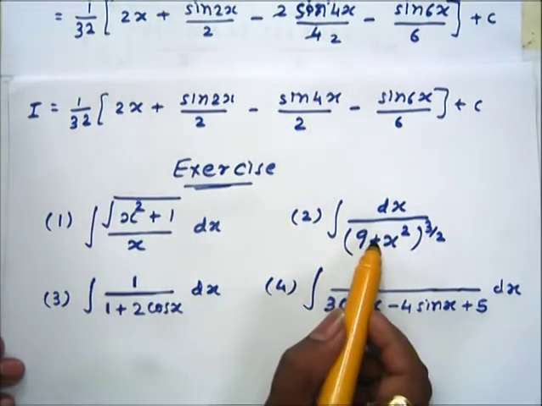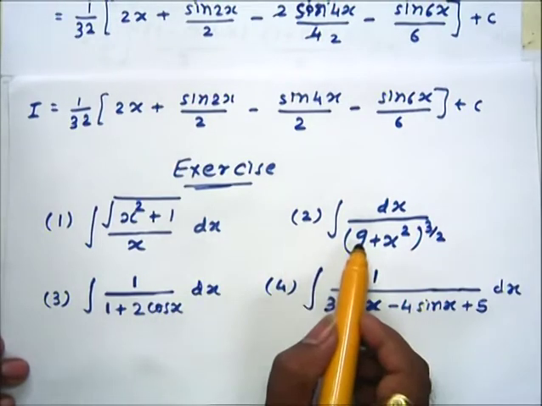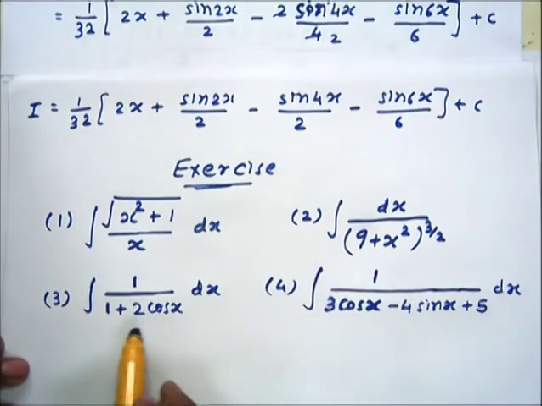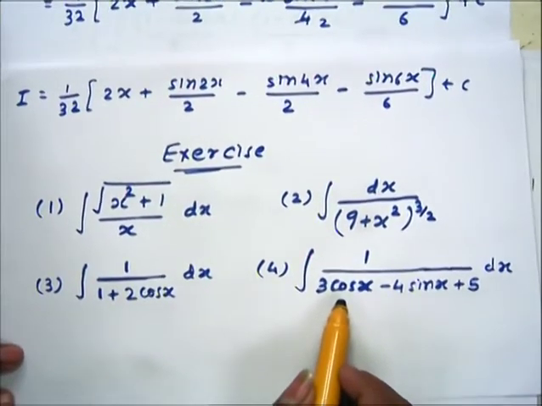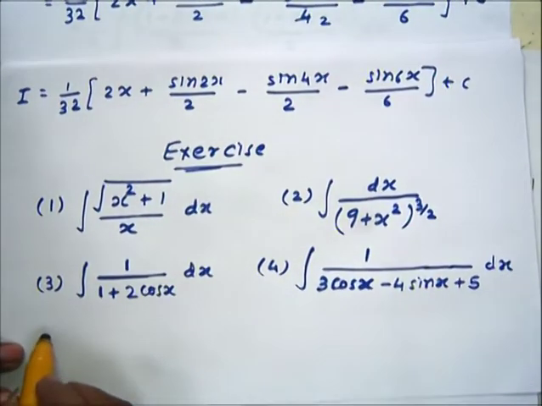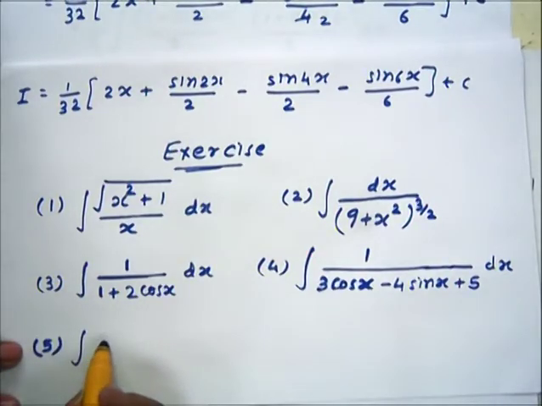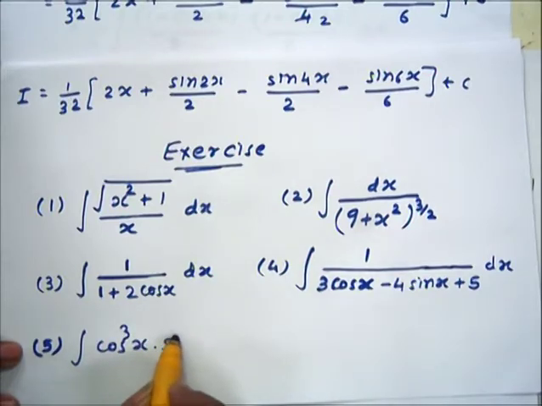In the first two you have to take a trigonometric substitution. In these two you have to take the substitution tan x by 2 equal to t. Fifth, integration of cos cube x into sin square x dx.